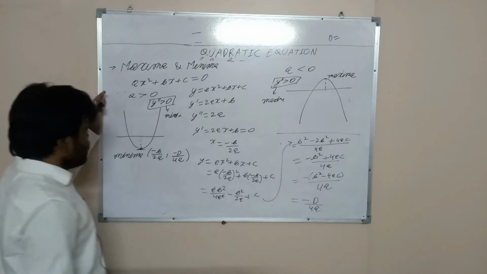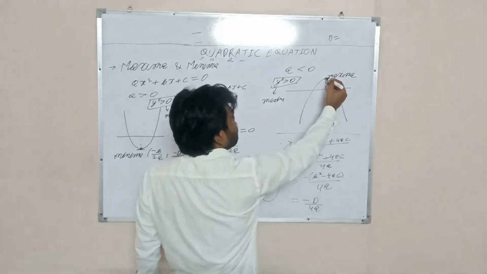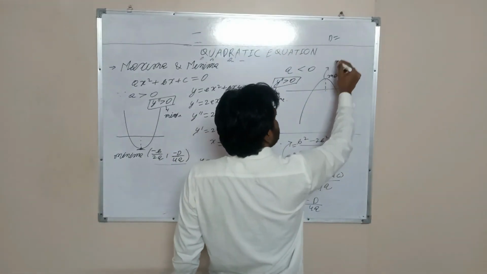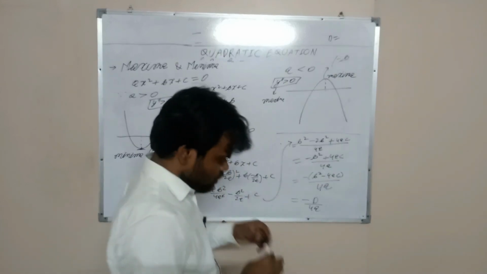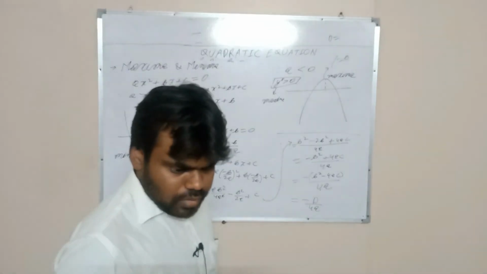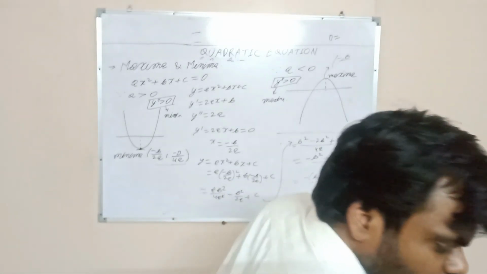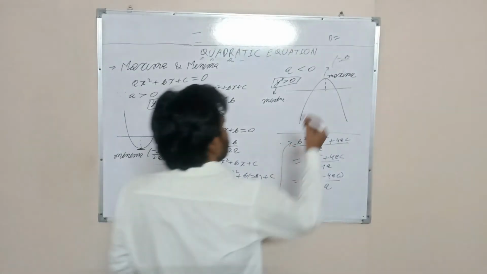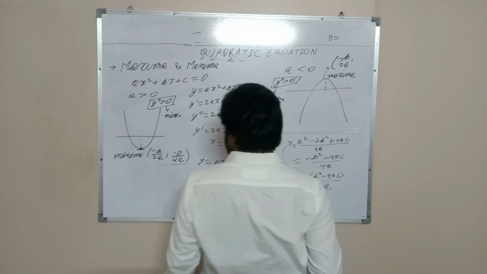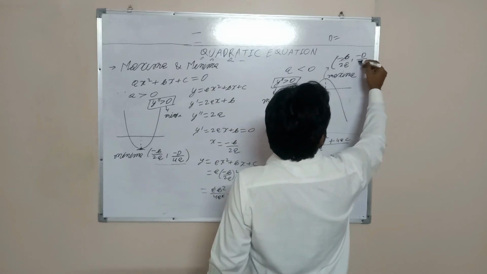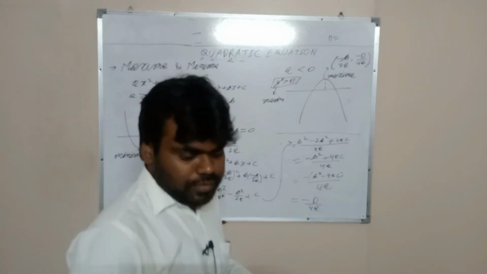So in this case it can be written as minus D upon 4a as the minima, and the maxima here will be at minus b upon 2a, comma, minus D upon 4a. So this is the nature of maxima and minima.